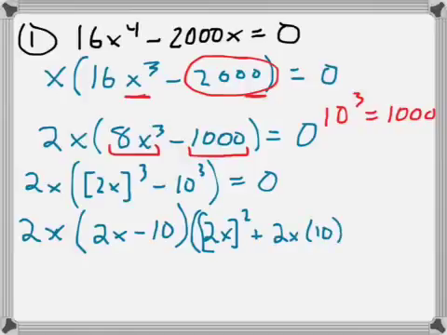This is like the a squared right here. This is the a times b, and lastly b squared, and that still equals 0. Sorry, I just want to erase those check marks there.